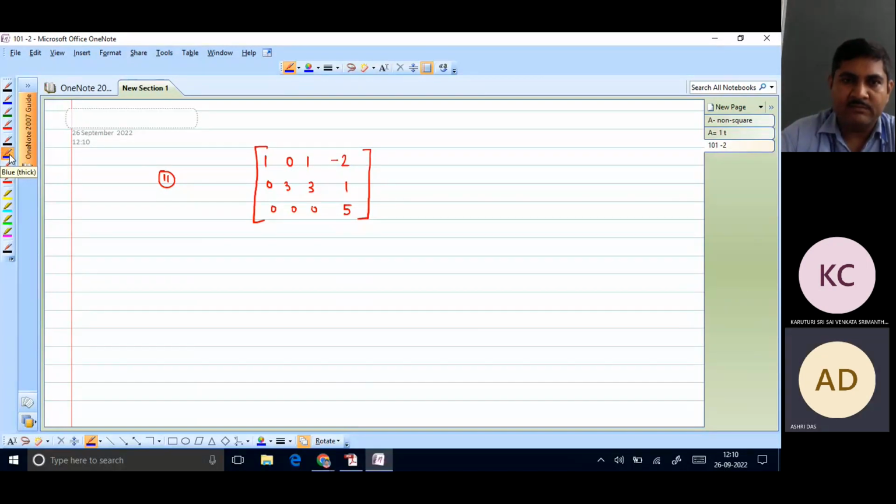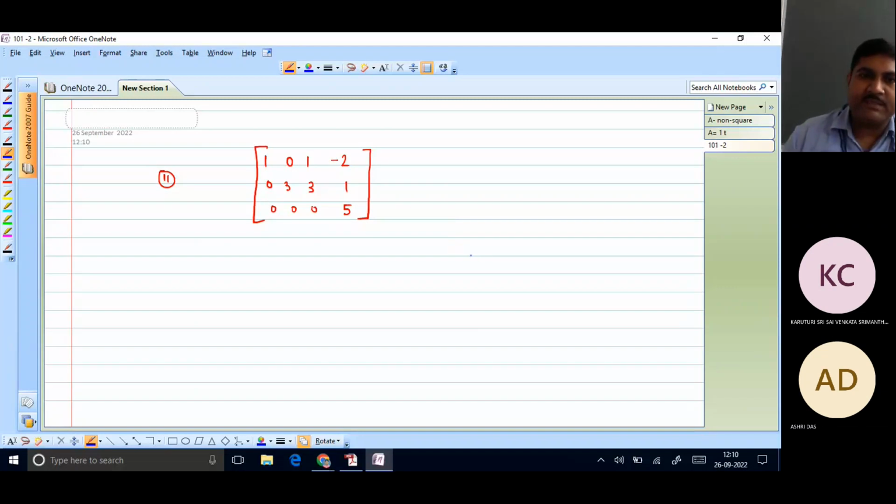3 cross 4. 3 cross 4 means it is non-square type. And second thing, you have to find L, where L is a unit lower triangular matrix.